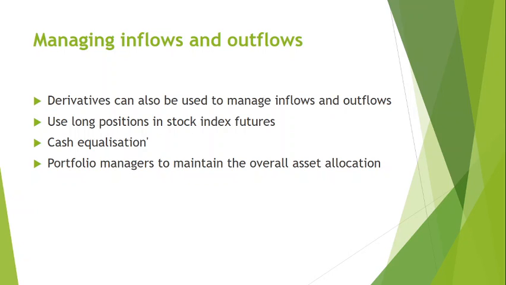Rather than sitting on cash or deploying the cash quickly into inappropriate securities, a better strategy would be to use long positions in stock index futures or index call options to gain a similar exposure quickly. This strategy is known as cash equitization. It will reduce cash drag and enable portfolio managers to maintain the overall asset allocation of the portfolio.